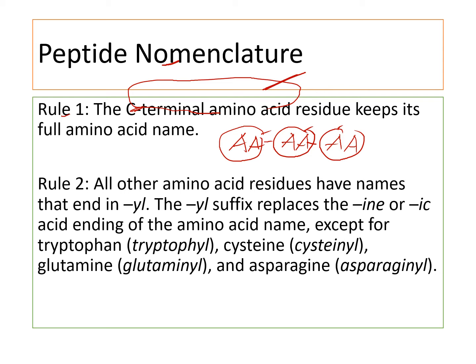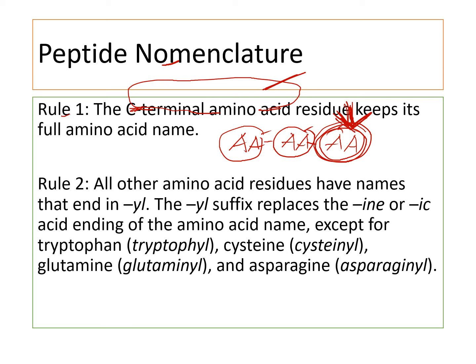The only amino acid that still has the carboxyl group is the amino acid located in the far right end of the chain. Again, the C-terminal amino acid is the amino acid that still has that specific carboxyl group in its structure.